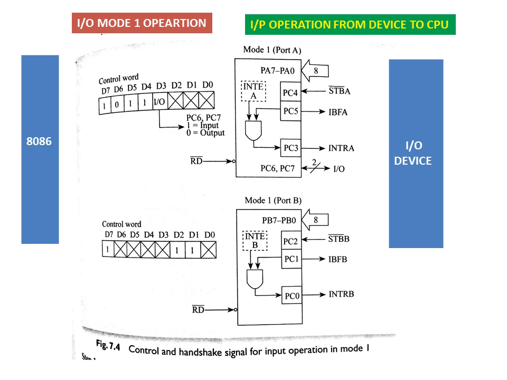Once acknowledgement is given through the STBA, now observe that the STBA signal is received through the port C register. That's why port C is used for status or control signals.